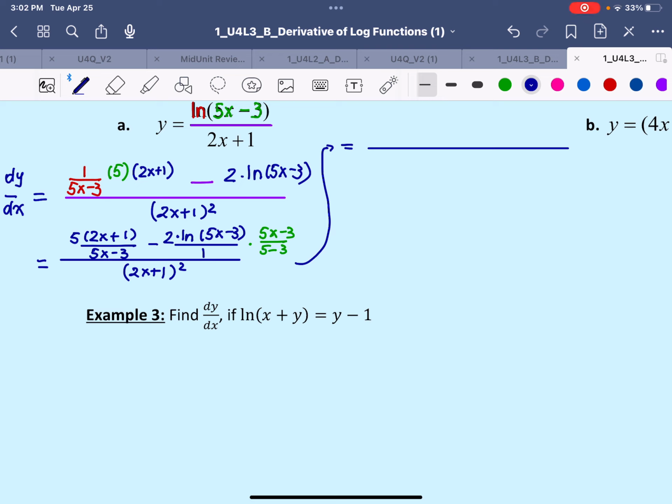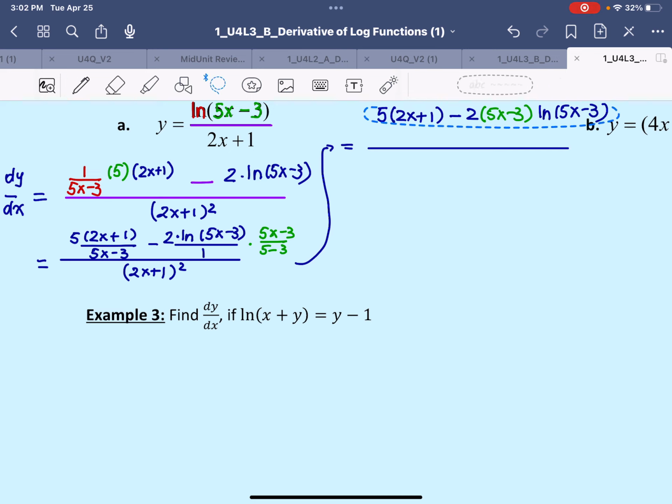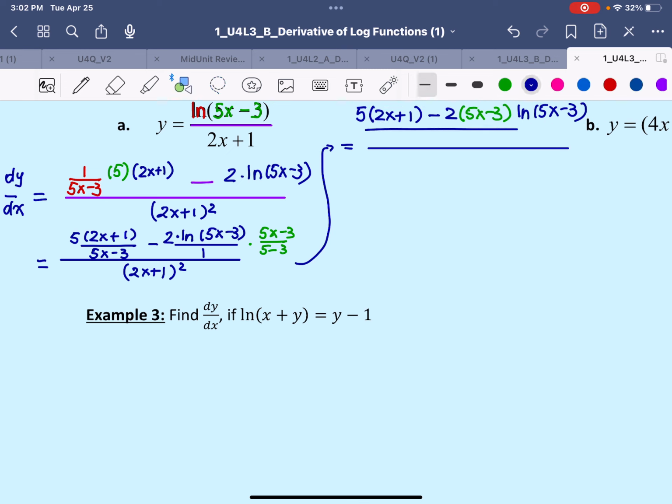So we'll have 5 times (2x plus 1) minus 2, and I'm going to bring that (5x minus 3) to the front of ln, and then ln of (5x minus 3). And all of it over 5x minus 3.